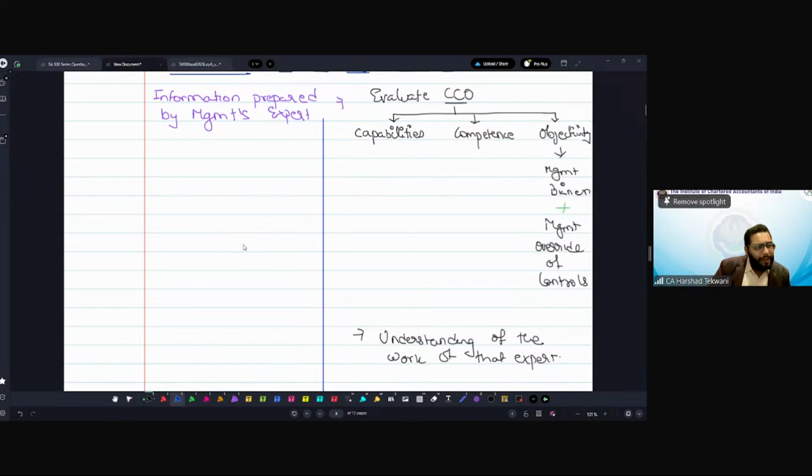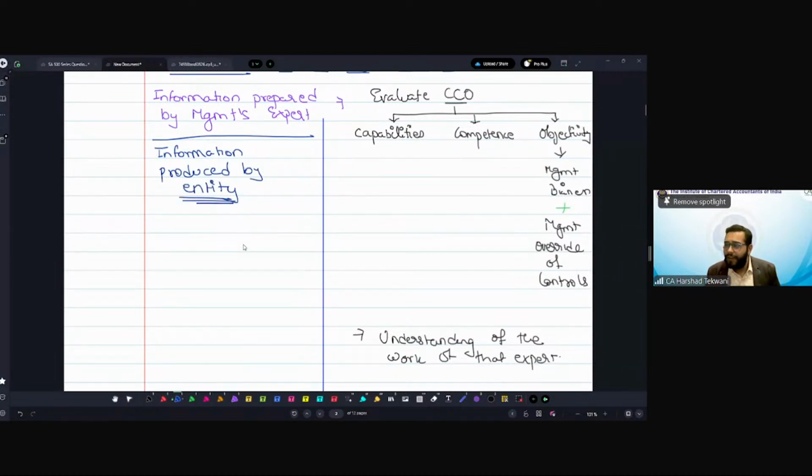Now, when we talk about IPE, information produced by the entity, can anyone tell me how this is different from the accounting records or the other information that is there? How is IPE different from the accounting records?